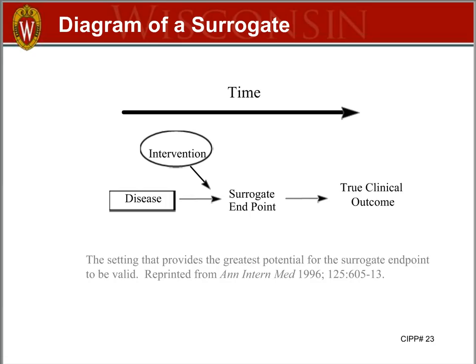With this simple mechanism, if we intervene in the disease process and modify the surrogate, this diagram suggests we, of course, for sure would modify the true clinical outcome. This concept was published in a paper by Tom Fleming and myself in 1996, and it was challenging the use of these surrogates as the final exam, the final test of a new intervention.